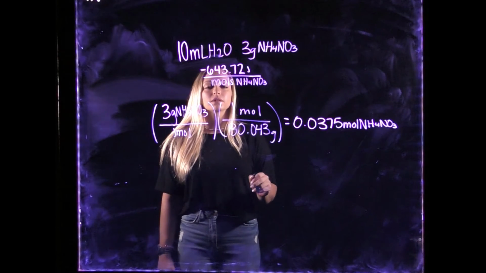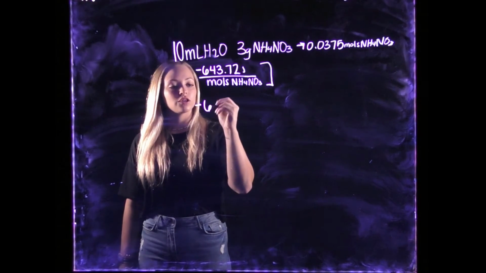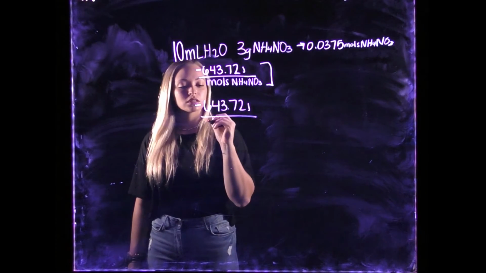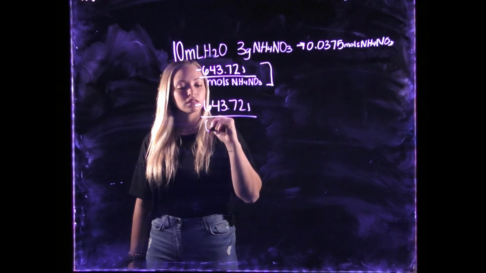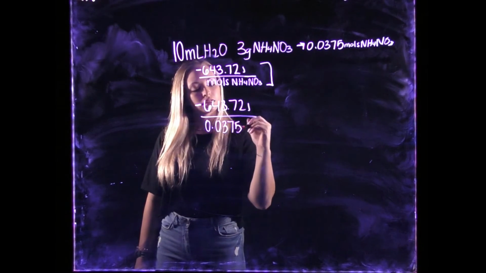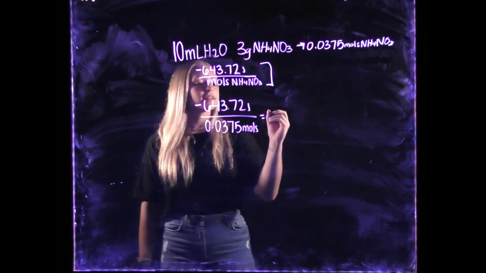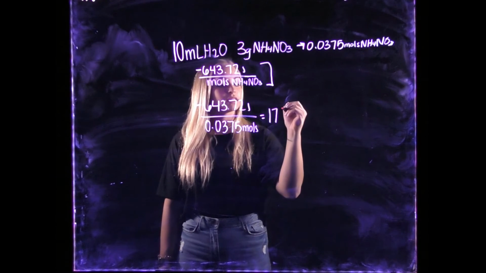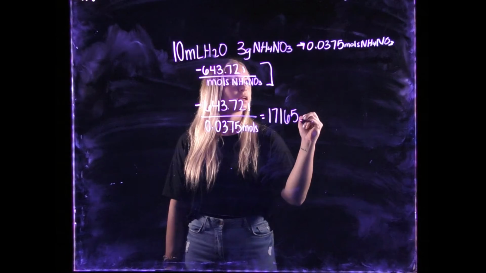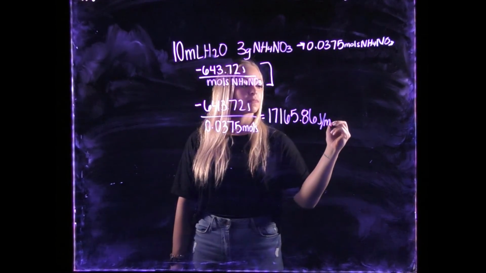So now we have the moles, we can plug the moles into this. We can divide our Q by the moles of the substance. When we divide that, we get 17165.86 joules per mole.